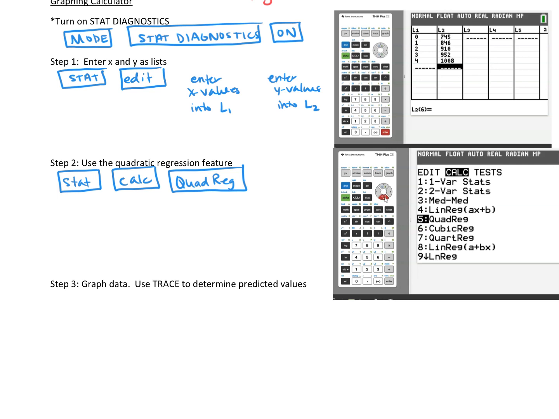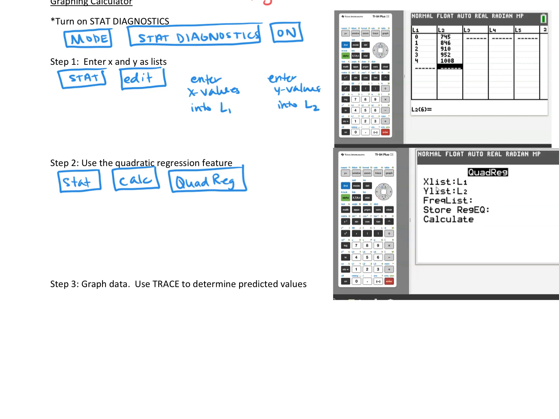What that's going to do is we're going to be able to write a quadratic function that is best fit to the data we have provided. So we scroll down to 5, we hit enter, and then we're just confirming, do we want the x's to come from list 1? Yep, that's where we put our x's. The y's will come from list 2. Great, that's where we put our y's. And then we're just going to enter through, or on calculate, hit enter.